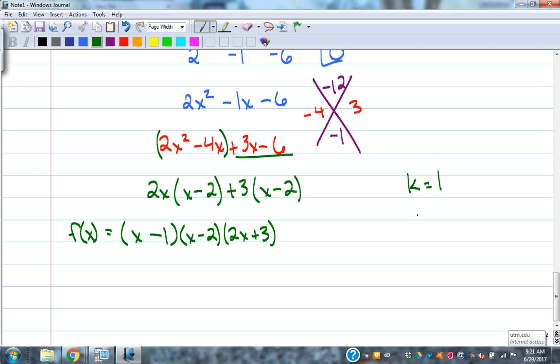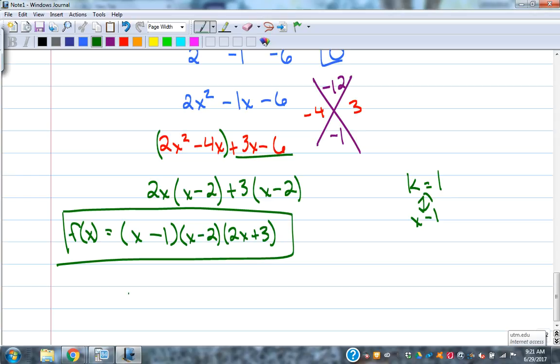Remember that statement at the very beginning of the note said that if k is a 0, then x minus k is a factor. So that's where the x minus 1 came from. Those two go together. Okay. And that's the factored form for this polynomial. If you can get the factored form, the next thing that we'll do is easy. But getting the factored form, if you can't do that, it makes it tough.